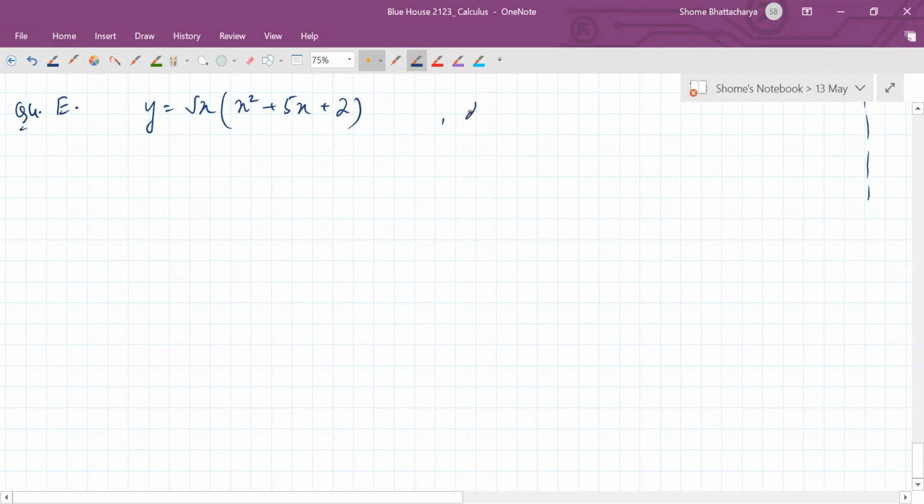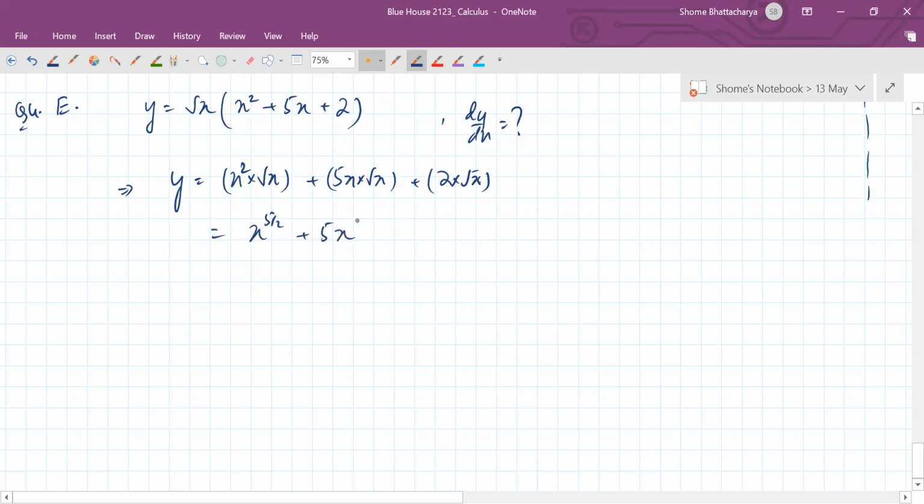To find dy by dx, what I can do first is simplify this as x square into root x plus 5x into root x plus 2 into root x. So further this will become x to the power 5 by 2 plus 5x to the power 3 by 2 plus 2x to the power half. So now I can differentiate it more easily according to the principles that we have learned already.